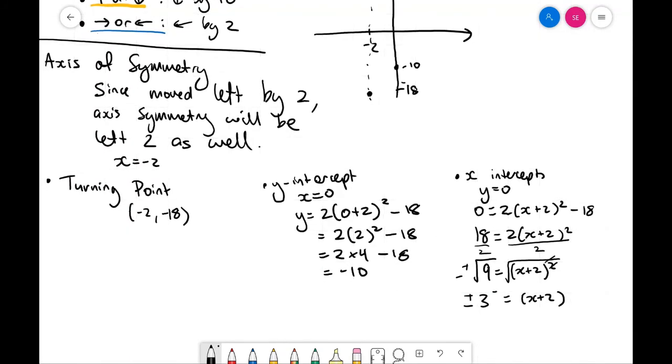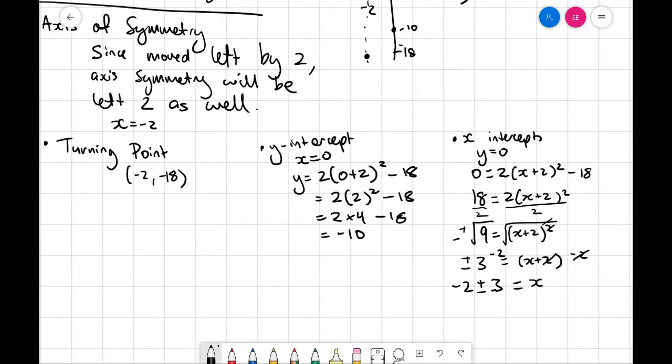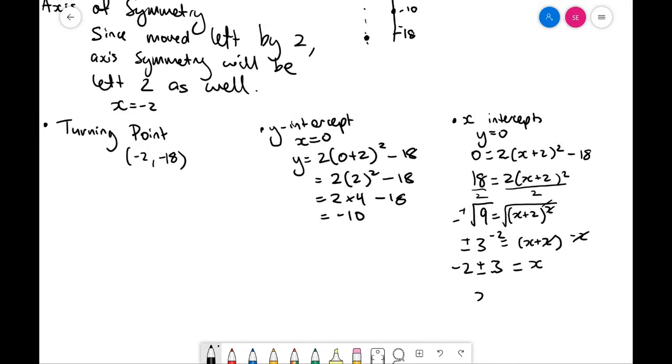And then now what we'll do is we'll just take 2 from both sides. So we'll get minus 2 plus or minus 3 is equal to x. Okay, so it's not super neat, but there are 2 cases, so we'll do minus 2 plus 3 first, and minus 2 minus 3.